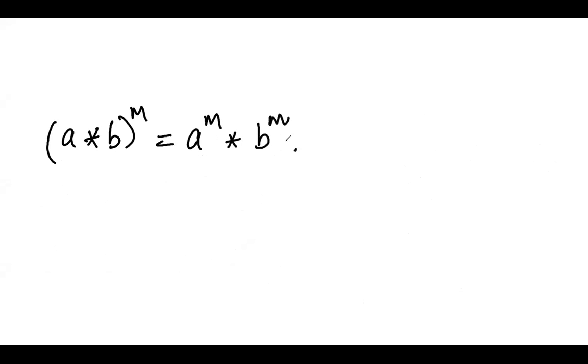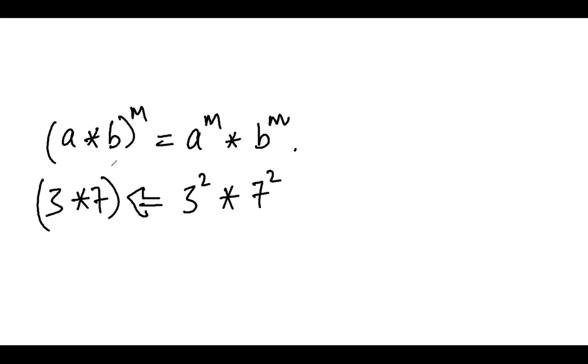Now, let us take an example. What I'm trying to prove is that a into b whole power m is equal to a raised to power m into b raised to power m. Another fresh example: is 3 into 7 whole power 2 equal to 3 squared into 7 squared?